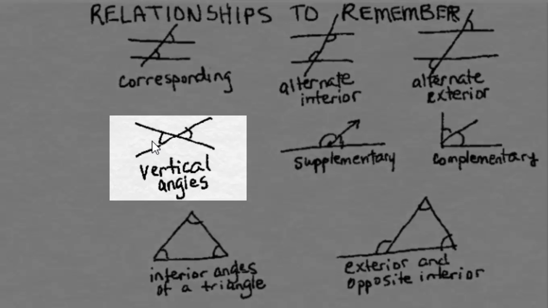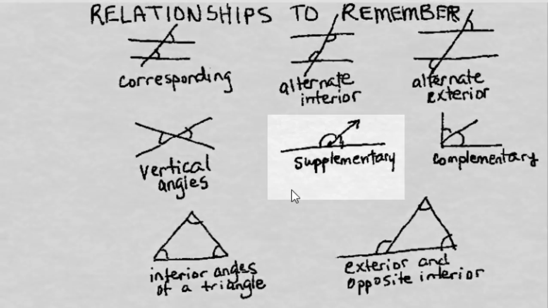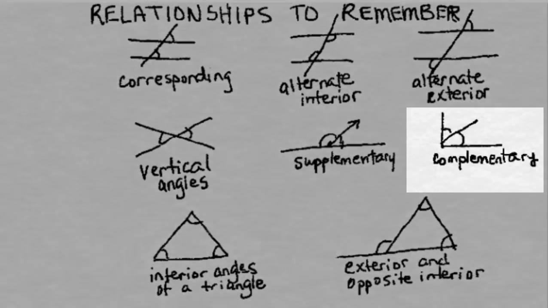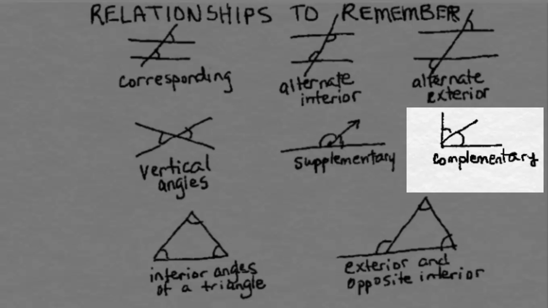Vertical angles that form when two lines are crossed and the angles are directly across from each other are also equal. When a ray projects off of a straight line forming two angles, those angles are necessarily supplementary, or add up to 180. When a right angle is broken into two pieces, those angles that are formed are called complementary angles, and of course they must add up to 90 degrees.